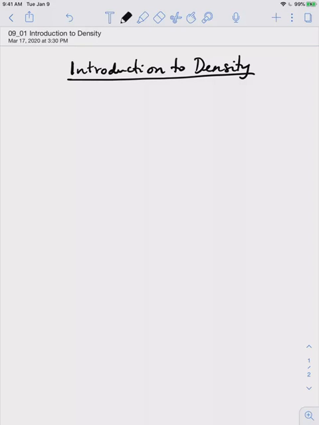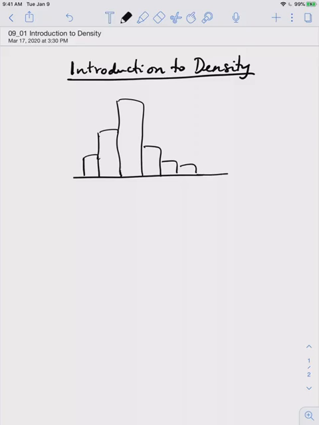A discrete random variable might have a probability histogram that looks something like this. The possible values of the variable are a finite set or a countable set separated by fixed amounts, and probabilities are represented by areas under the histogram.